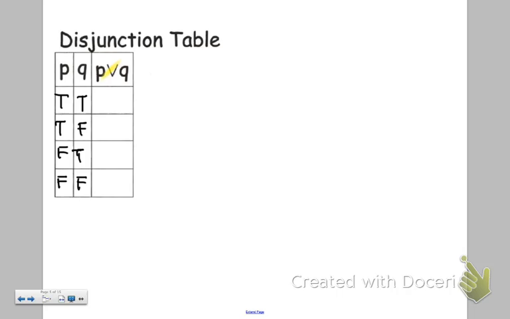Now, just like there was one piece we really wanted to make sure we remembered for and, there's going to be one piece that we really want to make sure we remember for or. Anytime I have P and Q are both false, P or Q is also false.